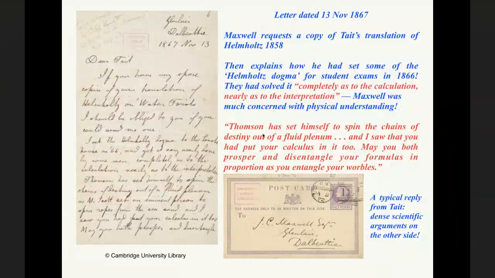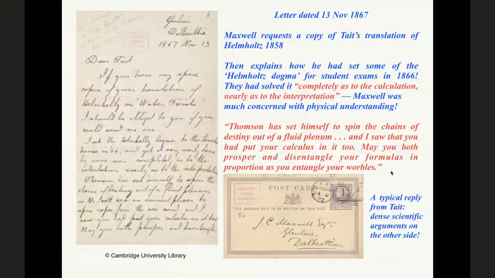Then he goes on to say that Thomson, that's Lord Kelvin later, has set himself to spin the chains of destiny out of a fluid plenum. And I saw that you, as Tate, had put your calculus in it too. May you both prosper and disentangle your formulas in proportion as you entangle your warbles. Warbles was Maxwell's term for vortices.